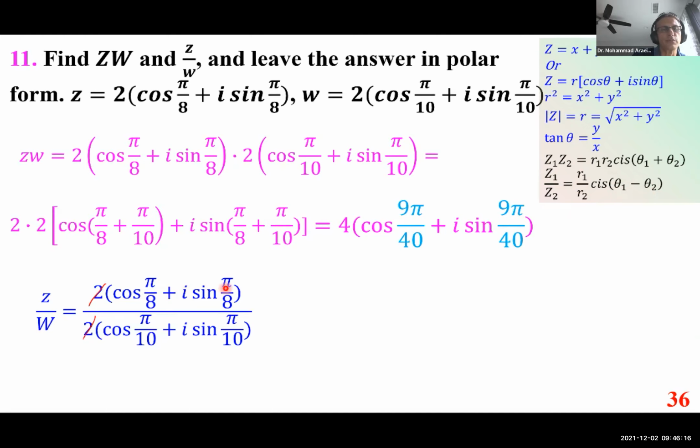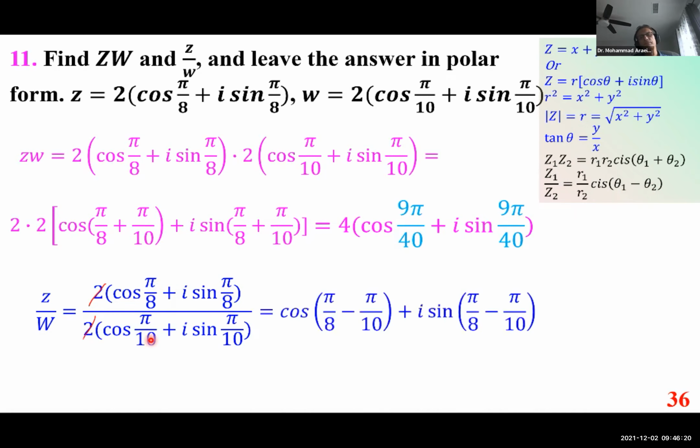So pi over 8 minus pi over 10. Again, the common denominator is 40. So this is 5 pi minus 4 pi over 40, which gives you pi over 40. I'm assuming nobody has any problem adding and subtracting fractions. So that shouldn't be a big deal.